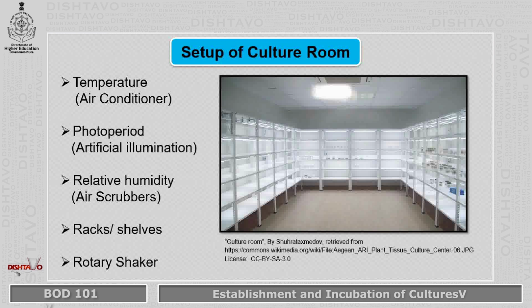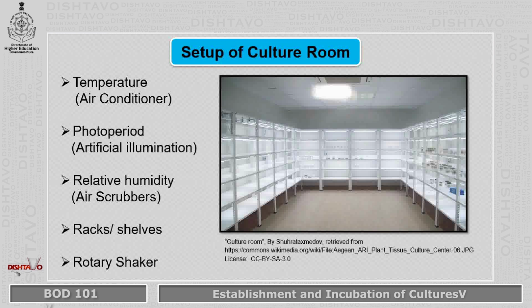Next is the photo period, wherein artificial illumination is provided by fluorescent tubes, and these fluorescent tubes are placed for each shelf. The third one is relative humidity. As I said in the previous slide, relative humidity has to be around 60 to 80%.